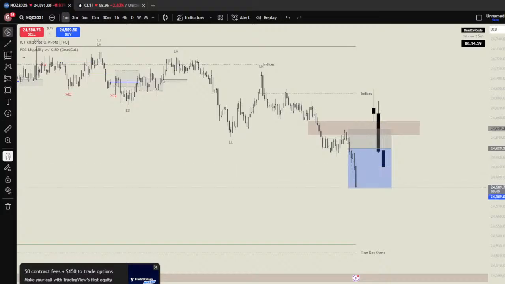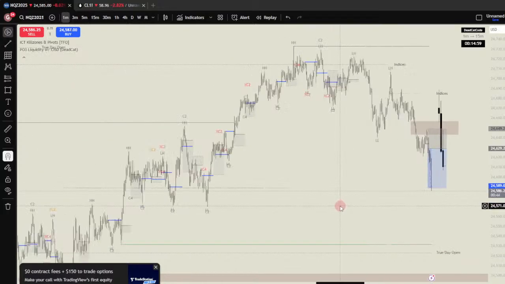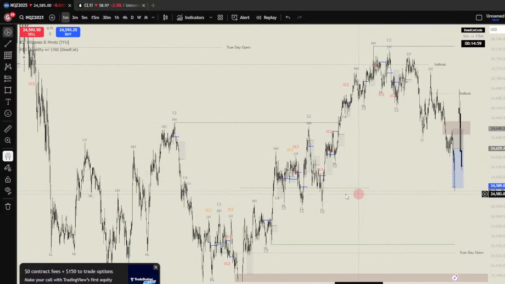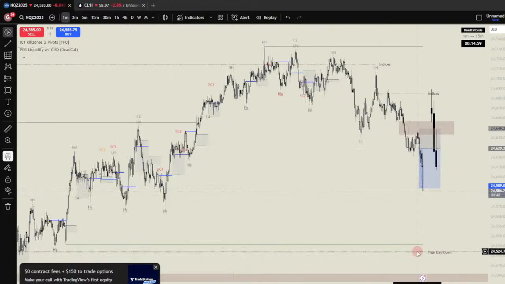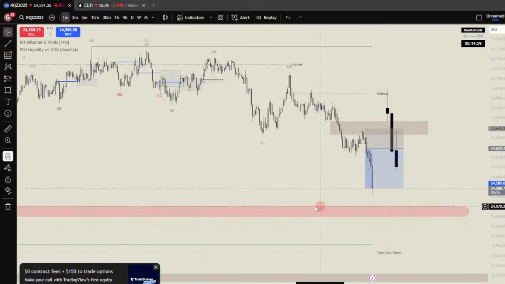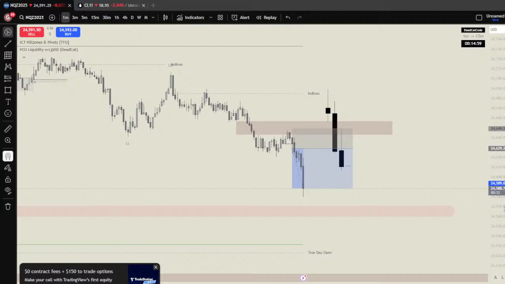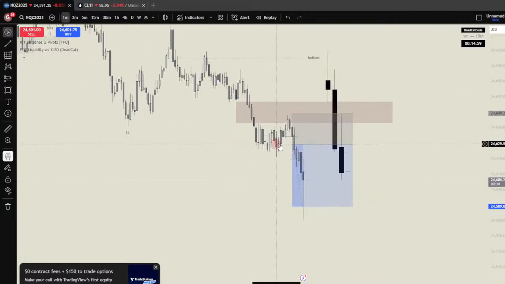All right. Okay, so that does work. Oh wait, no, it doesn't. Is that my target? Oh, okay, so that's equilibrium of the range, right? I don't know why I was thinking equilibrium of the range was right here. Okay, equilibrium there, yeah. I would expect, honestly, maybe even these lows to be swept. But you see, that formed from this range, just being able to tell that this range probably wasn't going to hold, right?